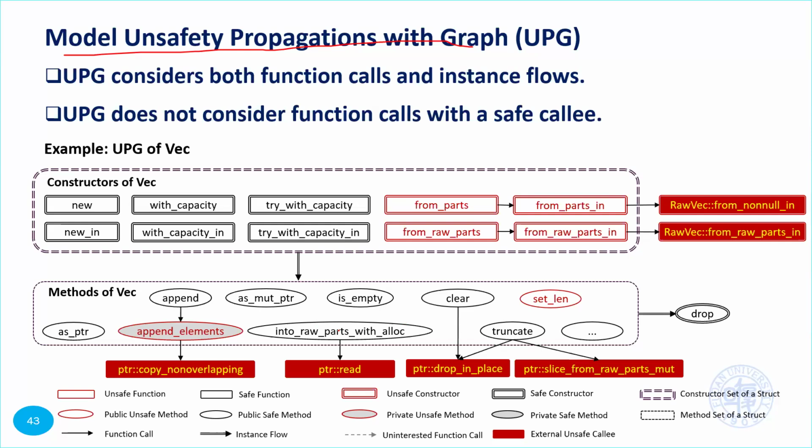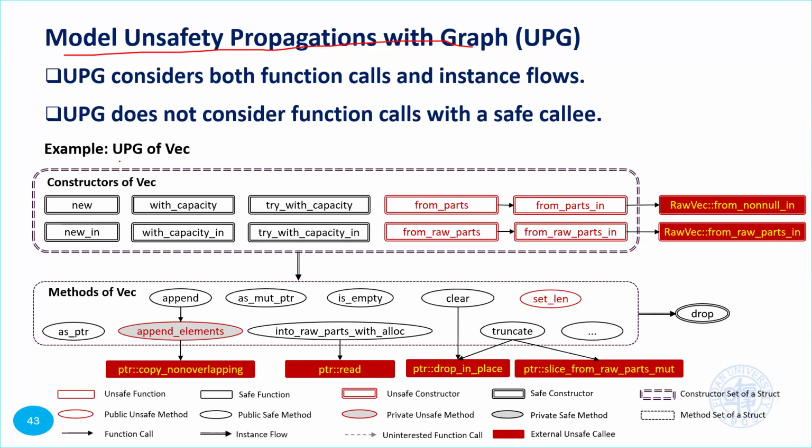It is very similar to the call graph, but we also consider the instance flows, such as struct instances. What we do not consider are function calls with safe callees, because there is no such encapsulation requirement with respect to safe callees.